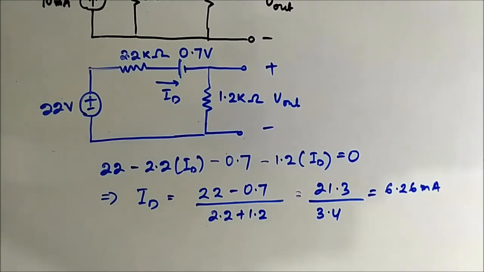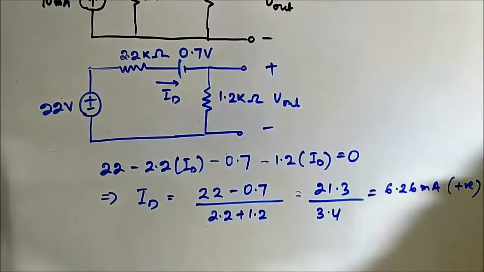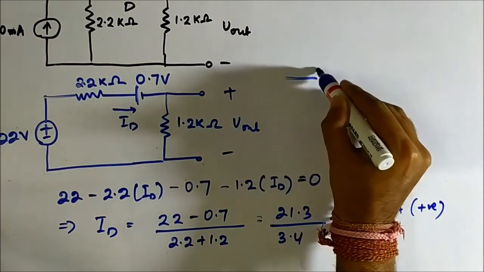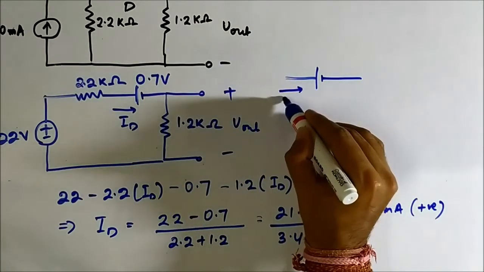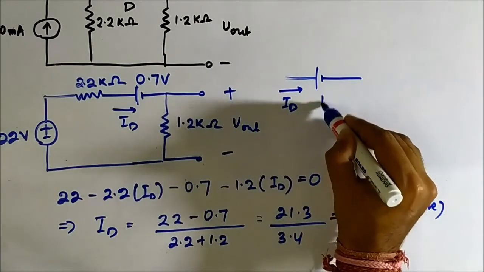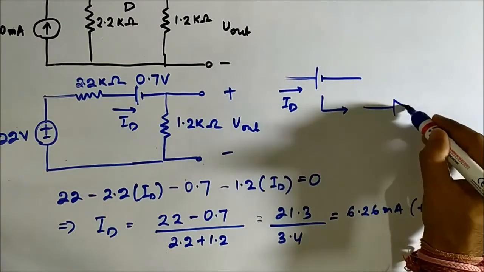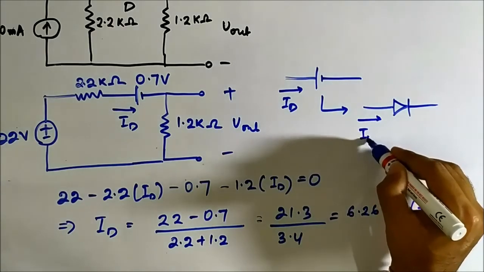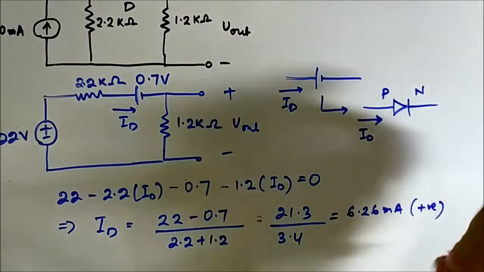Now this is positive, and this current of 6.26 milliampere is flowing like this, from P to N through the diode.